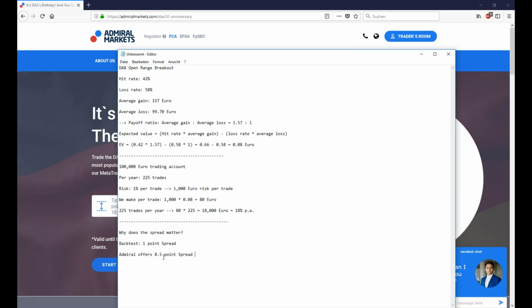So if Admiral offers 0.5 point spread, and we are looking here at 225 trades for the year, that means the cost, 225 trades with 1 point, means that we paid, in fact, 225 euro commission. The spread is nothing more than a commission in this case.